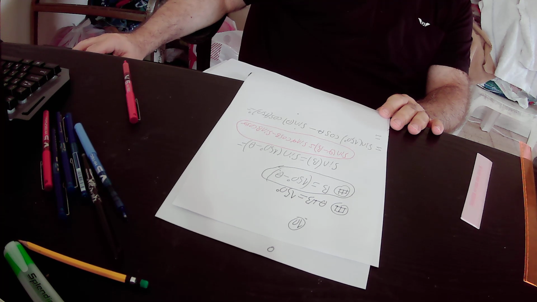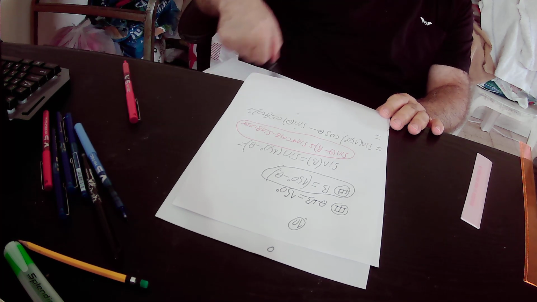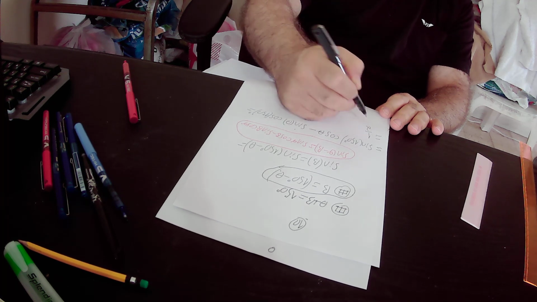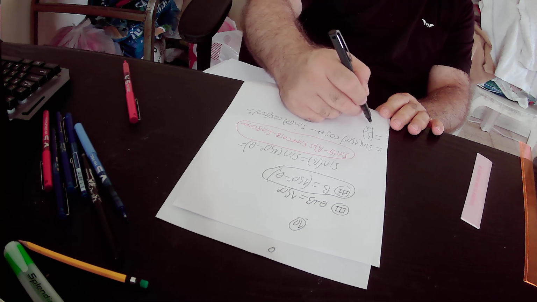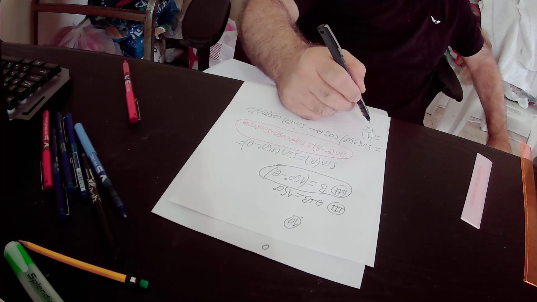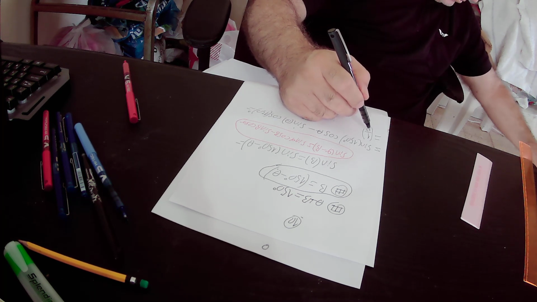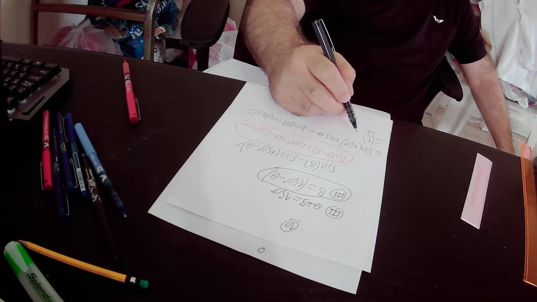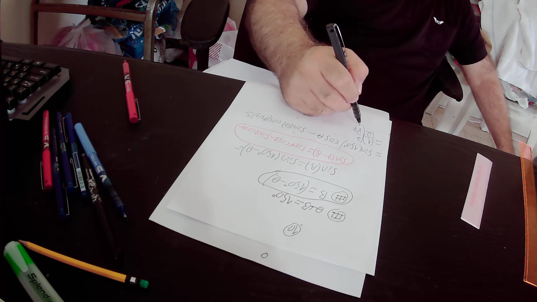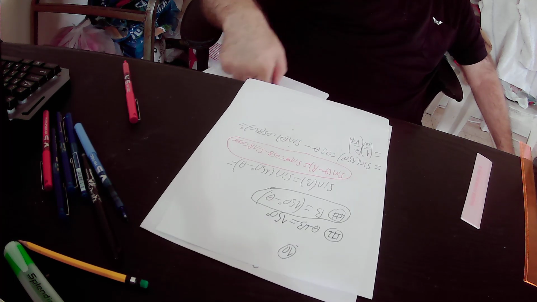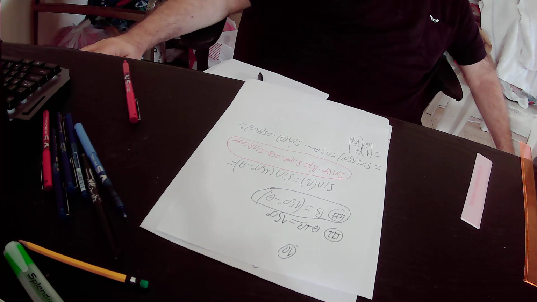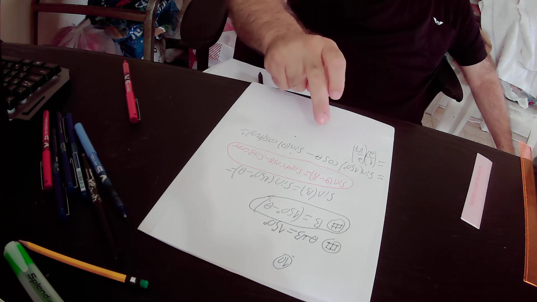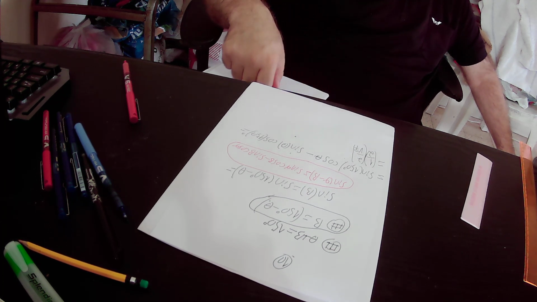Sin 150 degrees equals 1 over 2, and we have already found out that cos theta equals 2 over root 7, minus sin theta.